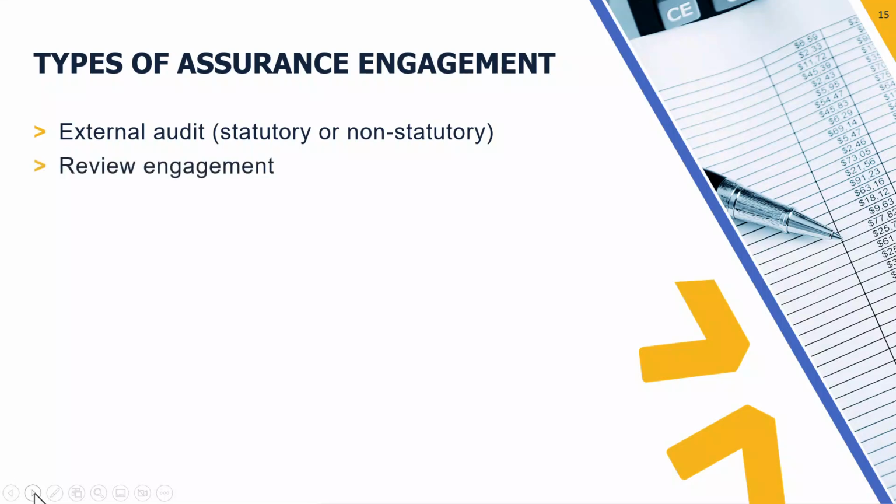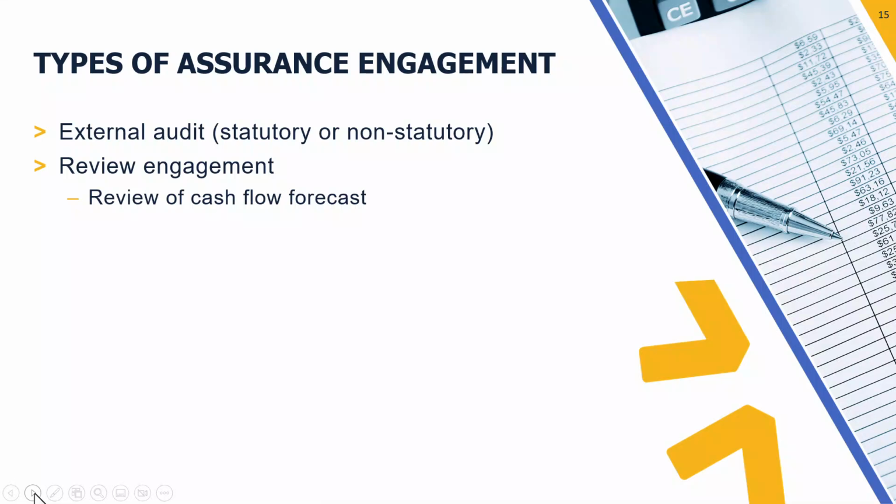You may have a review engagement. Now, this would be where the practitioner is reviewing information, but to a different level or providing a different level of assurance. For example, a cash flow forecast. With forecasts, we're looking into the future. For example, what sales they expect to make over the next 6 months.